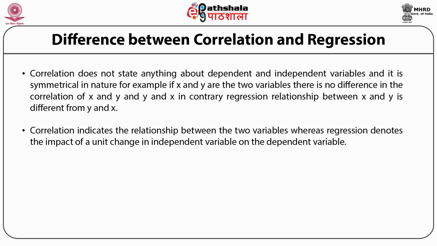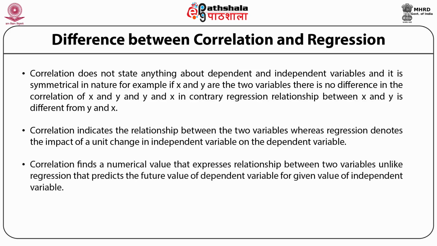So as the independent variable changes, definitely the dependent variable will also change. This type of influence of the independent variable on the dependent variable cannot be estimated in the correlation analysis.